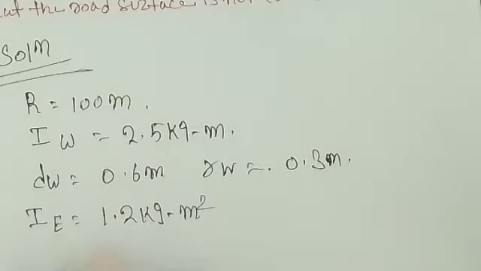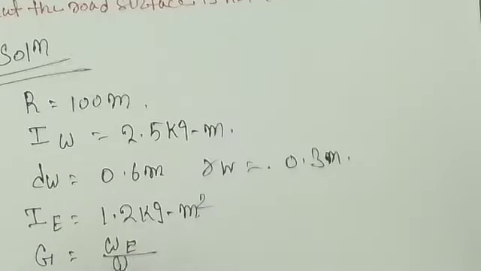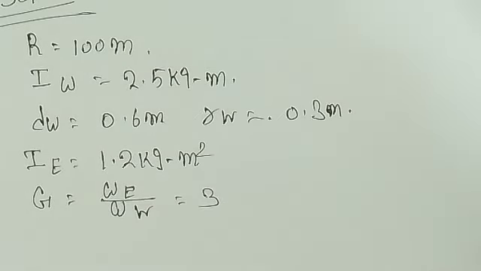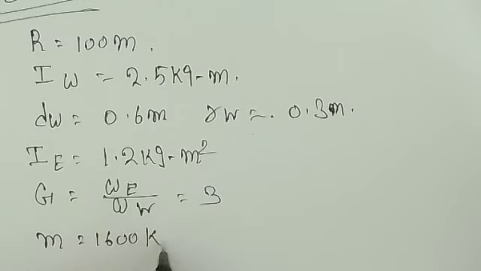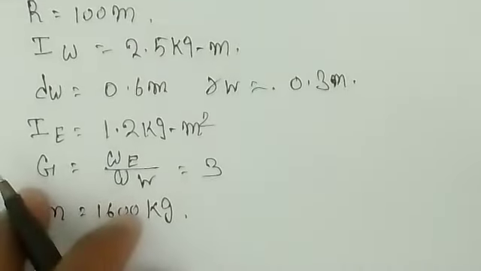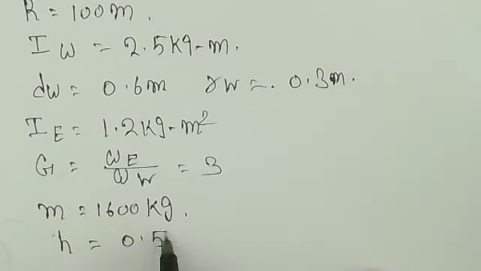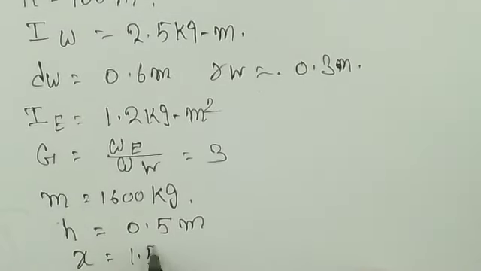The gear ratio G is the angular velocity of engine by angular velocity of wheel, equal to 3:1, which means 3. The mass of the vehicle M is 1600 kilogram, the height of the center of gravity H is 0.5 meter, and the track width X is 1.5 meter.